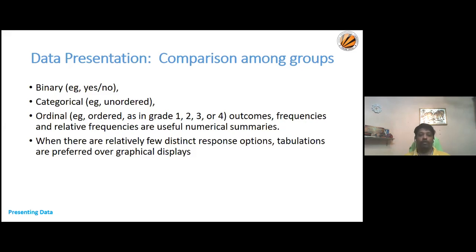If you have very few responses, suppose less than 50 or 60 responses, it is better to put them in tabular form rather than displaying them in graphical form. If you have low responses or samples, it's better to use tabular form as compared with graphical form. So this is the data presentation for binary and categorical variables.